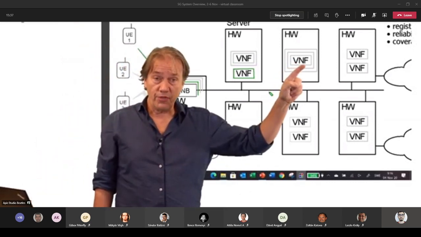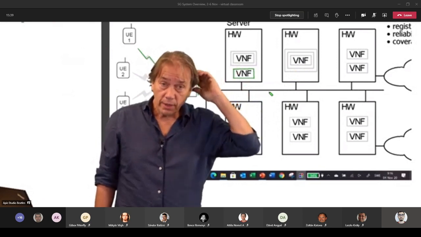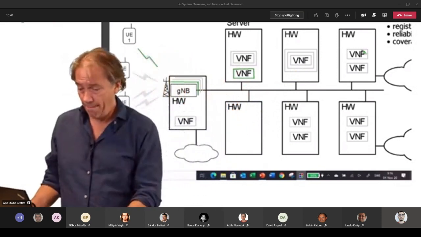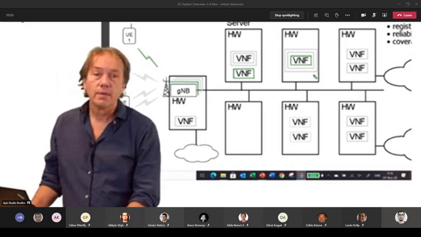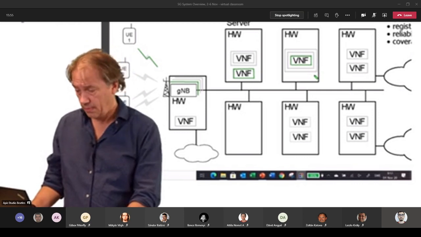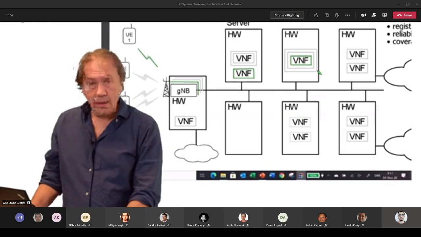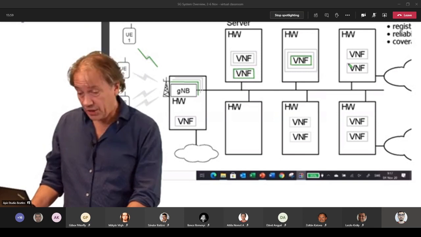This VNF also belongs to the green network slice. This VNF belongs to the green network slice.